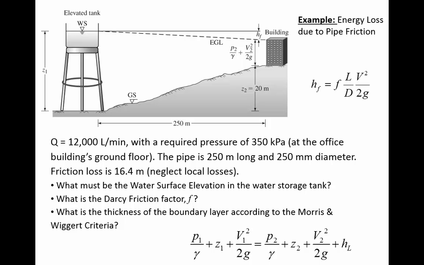And then I'd like you to take a crack at the Morrison-Wiggert criteria and calculate the thickness of the boundary layer. So I'm going to ask you to work on this one with a partner. If you're not sitting next to someone, scoot next to another group of students. So work through this, and after I've given you some time to solve it, I'll put the solution up on the board.